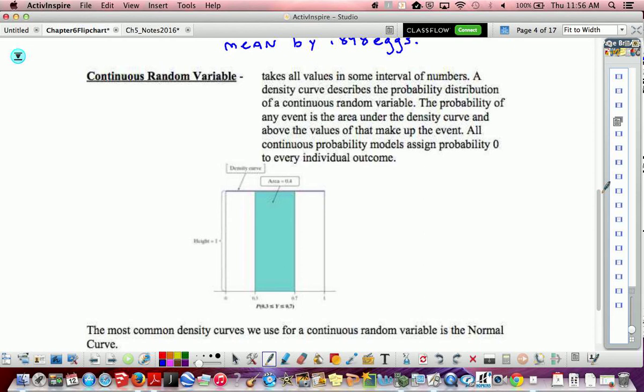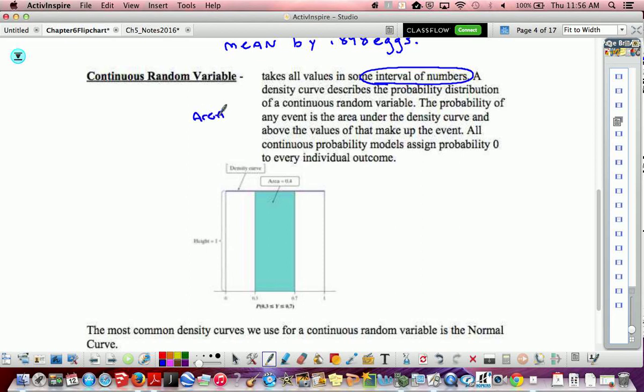However, it might still be in a finite space. But all the possibilities in between two numbers are possible. So when you're calculating a probability in a continuous random variable, you're going to look at an interval of numbers, and specifically, an area.